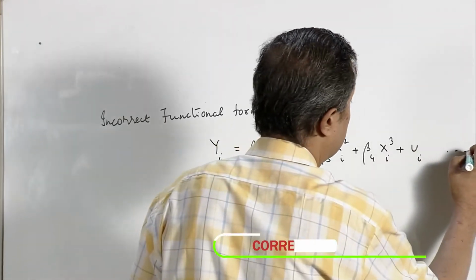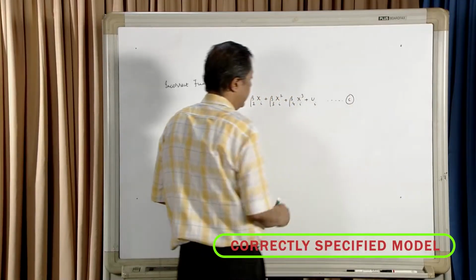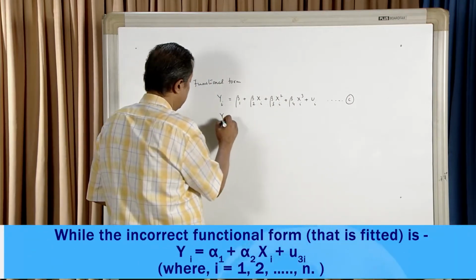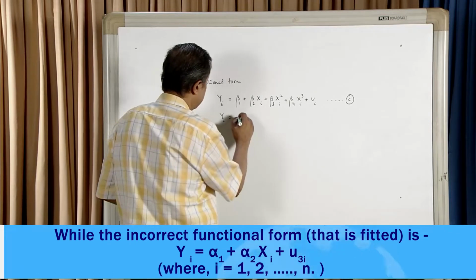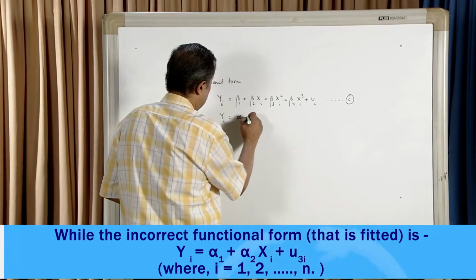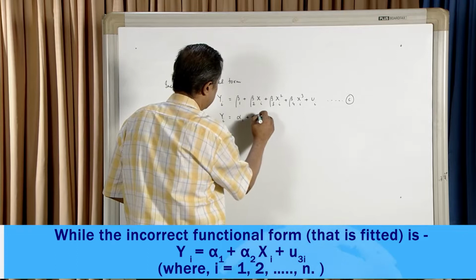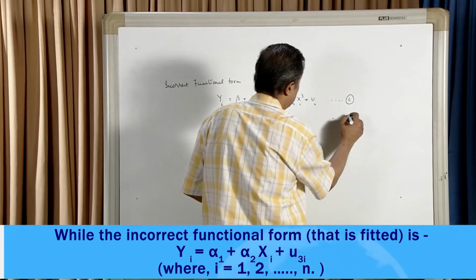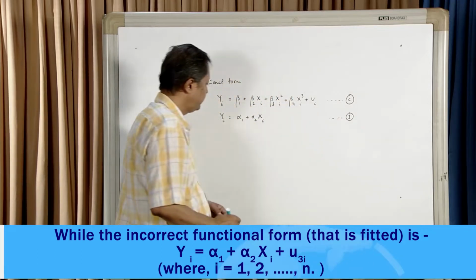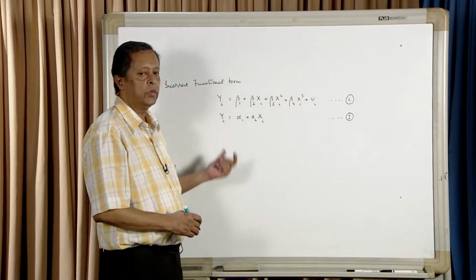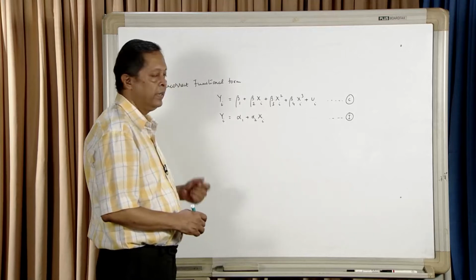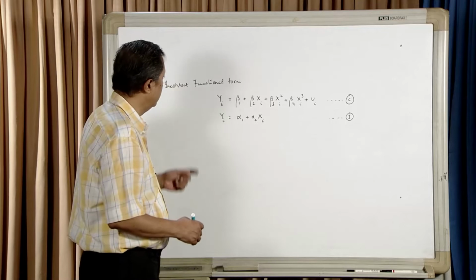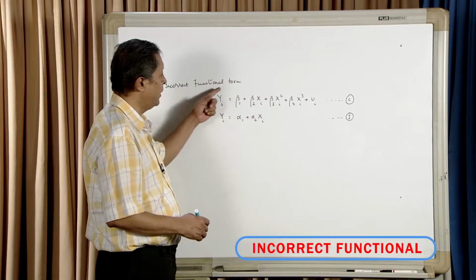This is the correctly specified model, whereas supposing that a person estimates a linear function, which is an incorrectly specified model. You will have noticed that we had used a similar example when we discussed omission of relevant variables. The same example can be taken in the context of incorrect functional form.